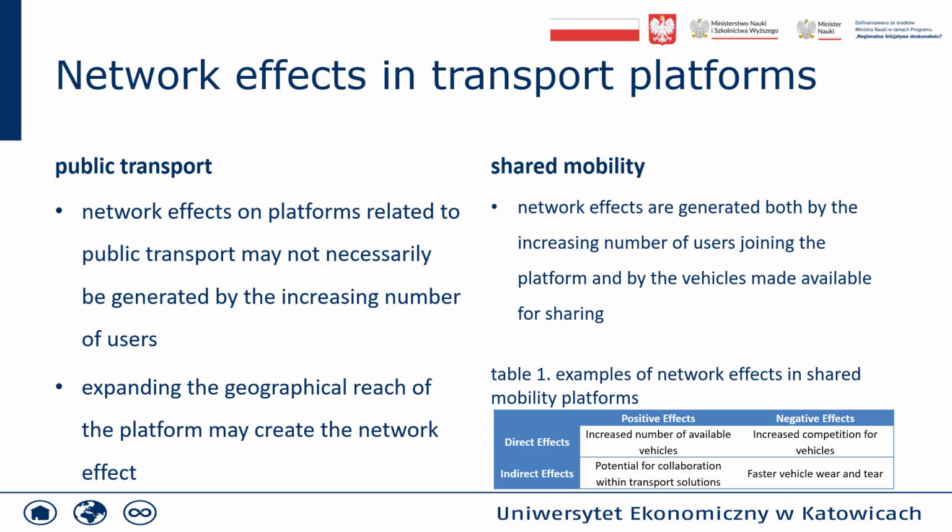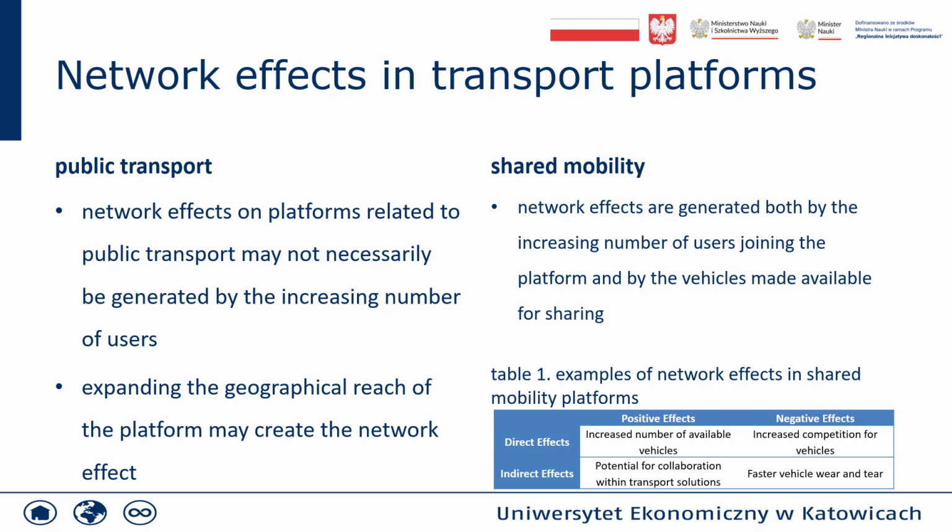This increases the platform's value for users, can attract additional participants, and similarly, the situation will be comparable when a single platform integrates timetables from an increasing number of transport operators. A digital platform that facilitates travel using public transport may be more valuable for travelers.